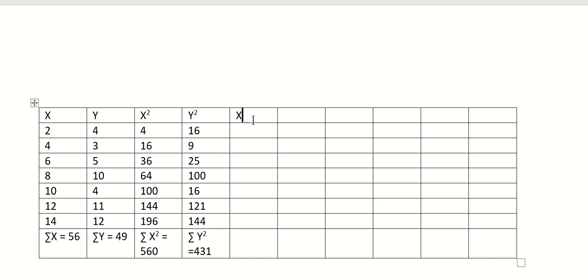Here we will calculate xy. So xy is 2 fours are 8, 4 threes are 12, 6 fives are 30, 80, 40, 12 into 11 is 132, 12 into 14 is 168.